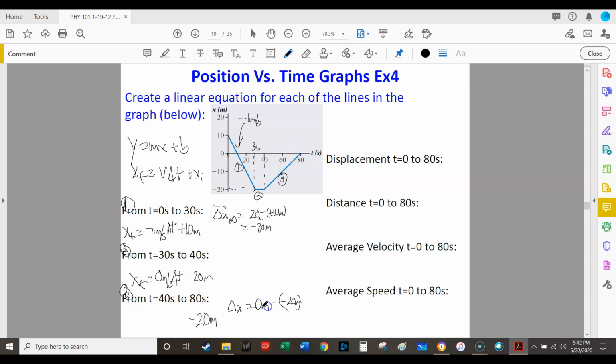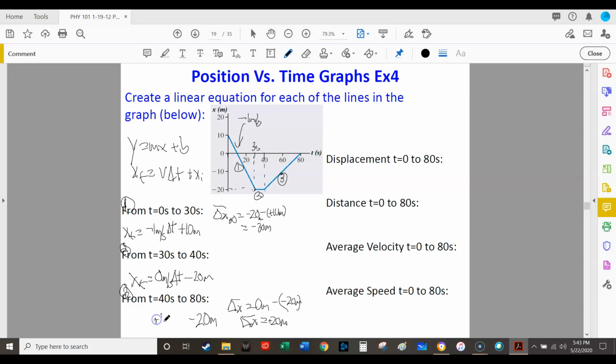So it's being displaced a positive 20 meters, over the period of 80 seconds minus 40 seconds.